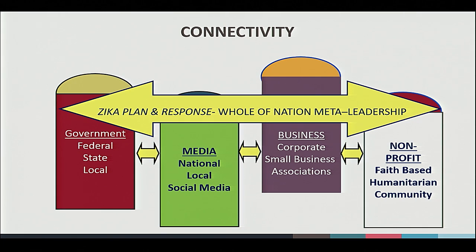So we have the government silo and all the different agencies, and we have federal, state, and local. We also have the media silo. And the media actually can be an important friend and ally in helping people understand what it is that we're dealing with, including social media. Imagine people of childbearing age, women and men, through social media, building connectivity of efforts so that we're all aware and we're all working together on this. The business community: many times people in the business community will come to us and say, well, why didn't they just ask?